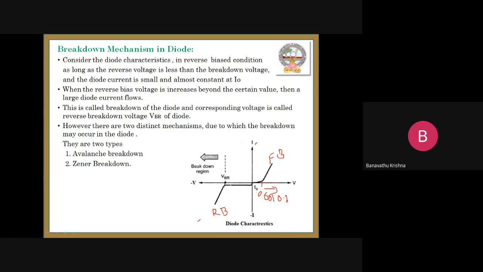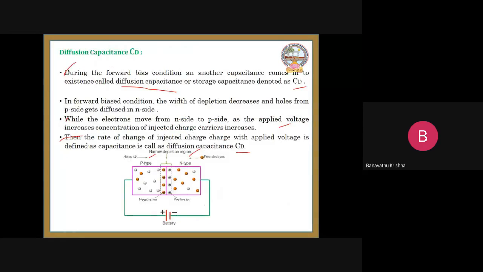Reverse saturation current means the current that exists due to minority charge carriers. The reverse bias condition applies to the majority charge carriers in the P type and N type semiconductor material. In the P type material, holes are the majority carriers, but minority charge carriers are also available. Let us go to the PN junction here.